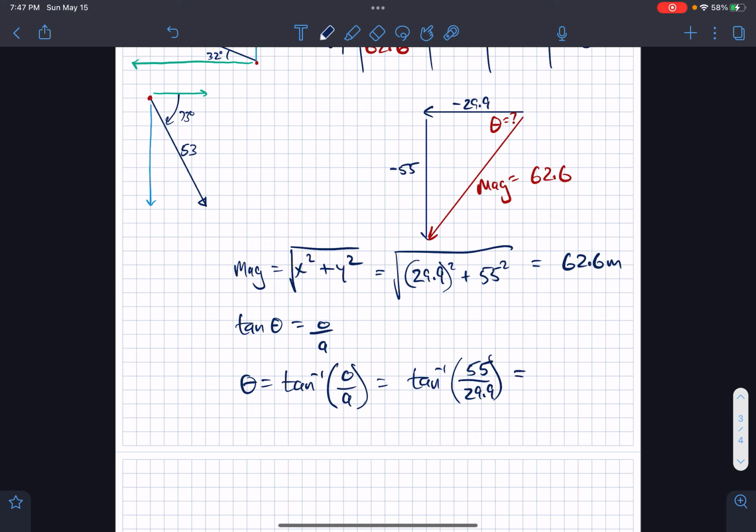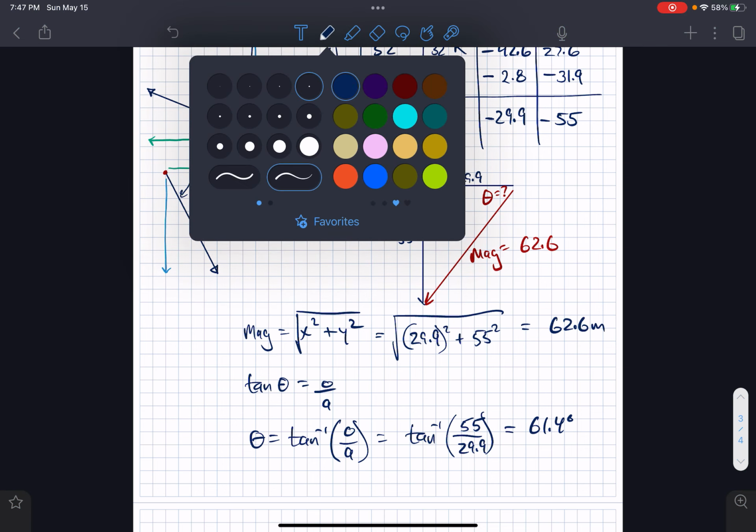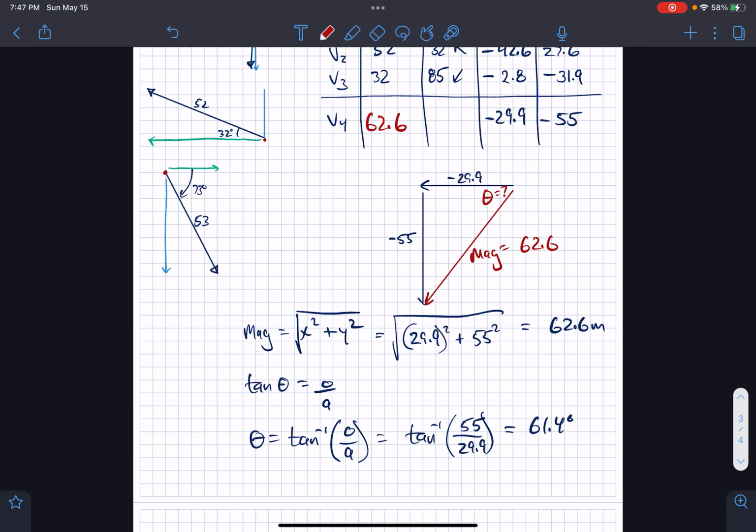What do we get for that angle? Inverse tangent, arctangent of 55 divided by 29.9, I get 61.4 degrees. Let's go back here, 61.4. Now, what quadrant is it in?